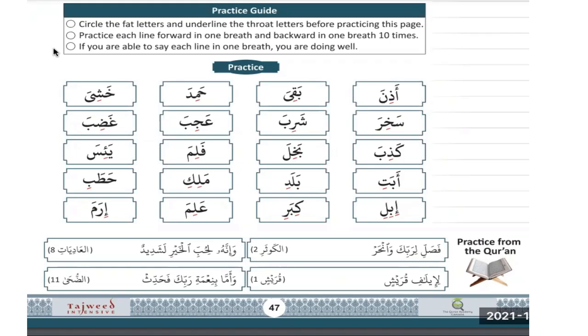Very good. Then if you are making the sound together, what are you going to focus on? Ba is a light letter, so make a light sound, very thin sound. But qaf is qi because it comes with the kasra, right? Ba, baqi, and then ya, right? Make a sound. Baqiya. Very good.